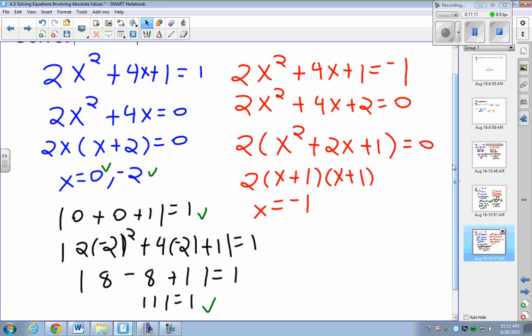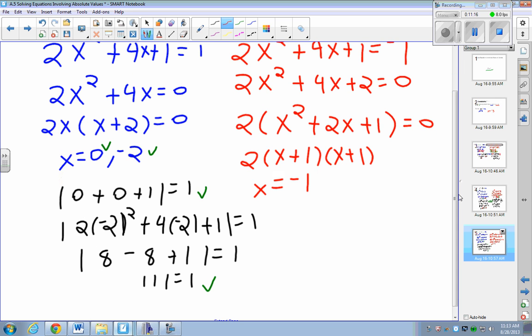All right. Now let's work with the red one. Plug negative 1 back into our original equation. And so we do that. We get 2 times negative 1 squared plus 4 times negative 1 plus 1 is equal to 1.